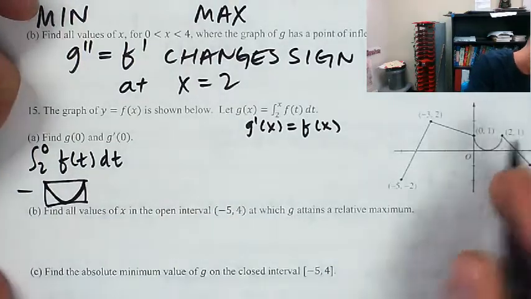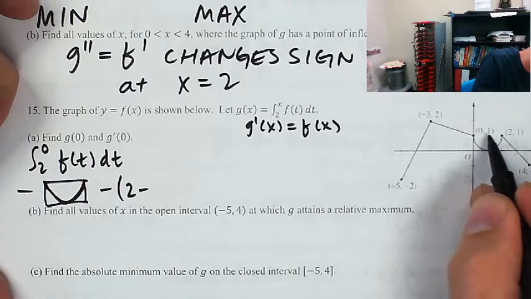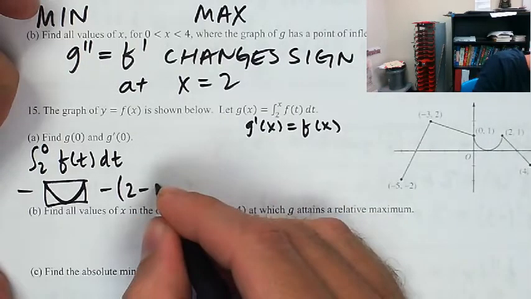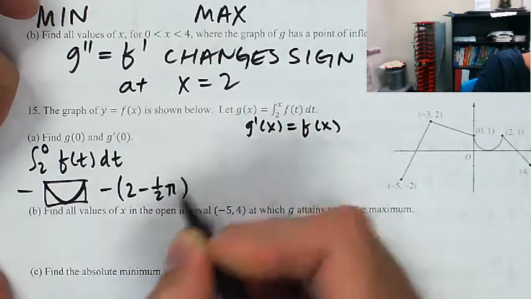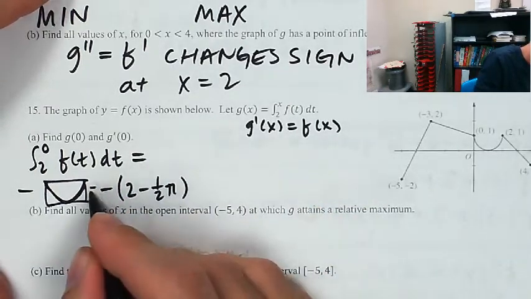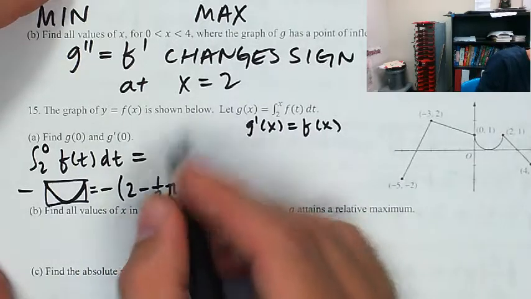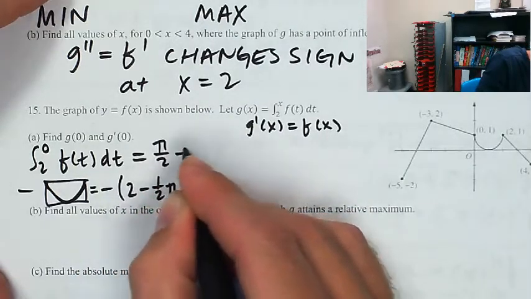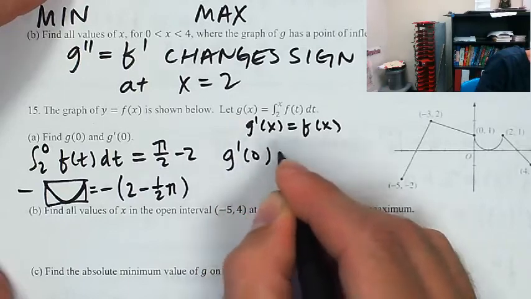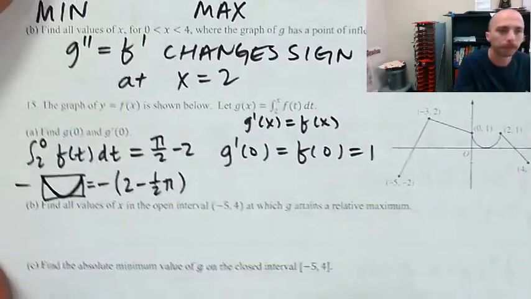The rectangle has area 2, and then I subtract half of pi times radius squared. Well, the radius is 1, so that's going to equal, well, pi over 2 minus 2, I guess. And g prime of 0 will be f of 0, which they're telling me is equal to 1.